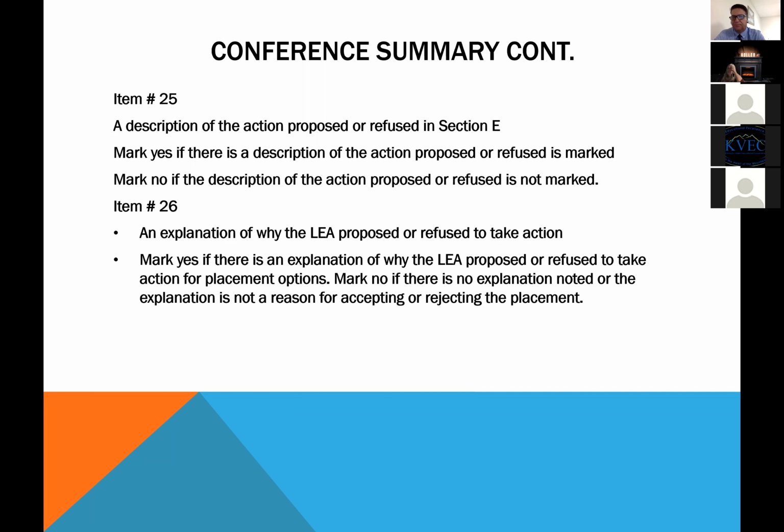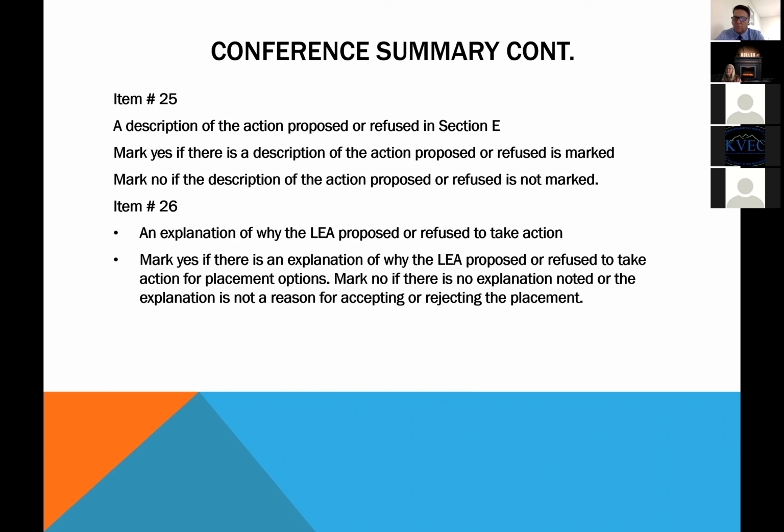So on item 25, if you're looking at that form, you see that you've got check boxes over there for placement: full-time regular ed, part-time, and then of course full-time special ed, and it goes on down. That's the part you're looking at for 25.